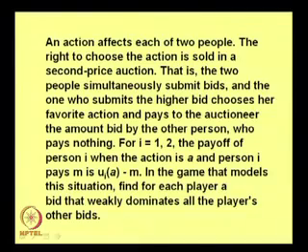Let us do one more exercise and then we shall talk about some other sort of auction. This is the exercise. An action affects each of 2 people, so it is a 2-person game. The right to choose the action is sold in a second price auction. That is, the 2 people simultaneously submit bids. The one who submits the higher bid chooses her favorite action and pays to the auctioneer the amount bid by the other person, who pays nothing.